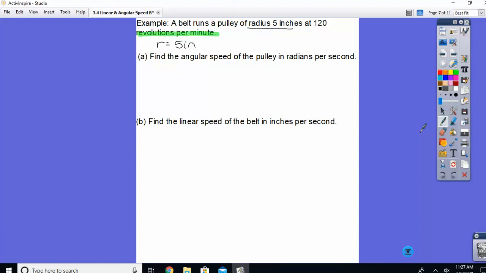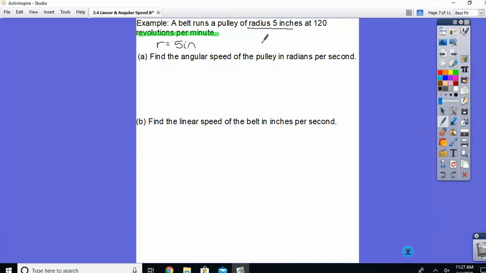So a revolution just means you spin all the way around, right? That doesn't tell us how far you spun, like in inches or centimeters or anything, does it? But a revolution says all the way around the circle, which we know is 360 degrees or 2 pi. So when I talk about revolutions, I'm talking about an angle.